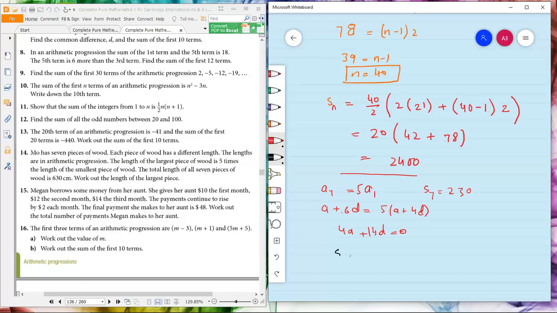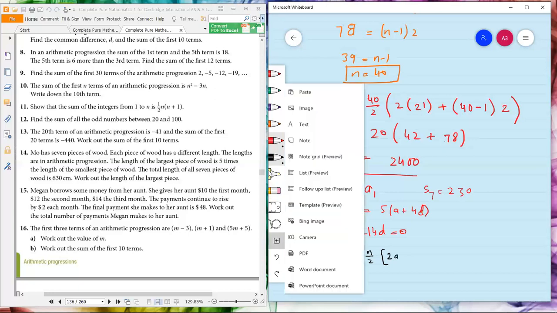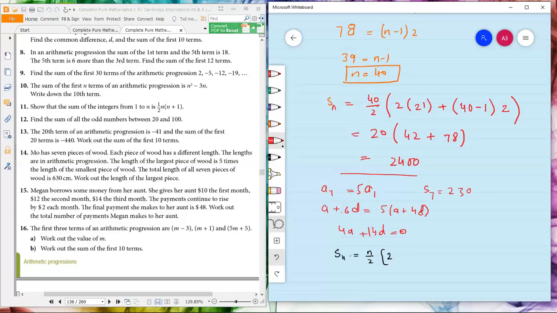That would be Sn is equal to n by 2, 2A1, or according to you, we can use the formula A1 plus An. If you are very good at formula, then A1 plus An. This is the sum of the progression.